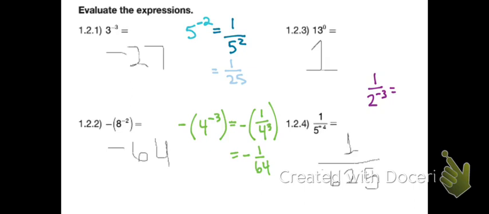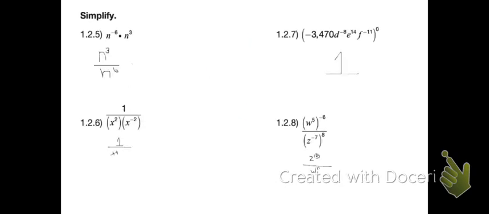So I'd have 1 times 2 to the positive third power. And then nothing's in the denominator. And then 2 to the third power is 2 times 2 times 2, which is 8, and 1 times 8 is 8. Okay? So again, you can retry these 3. Hopefully that clarified. Now I'm going to move on to the next one.